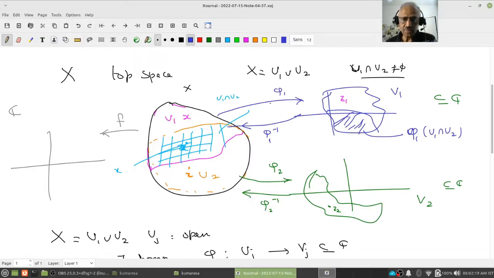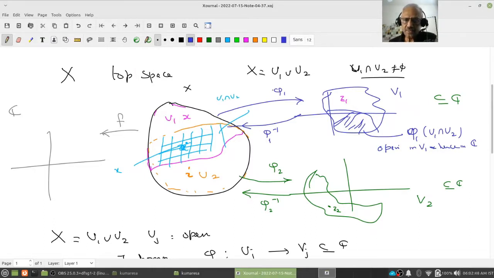Now phi 1 of that, because phi 1 is a homeomorphism of u1 onto v1, phi 1 of u1 intersection u2, namely this set, must be open in v1 and hence in C. Because this is an open subset of v1, but v1 itself is an open subset of C, therefore phi 1 of u1 intersection u2 is open in C. Do you understand this?